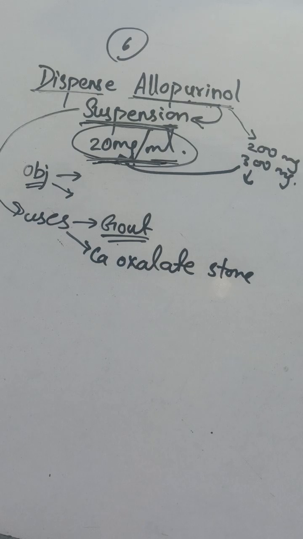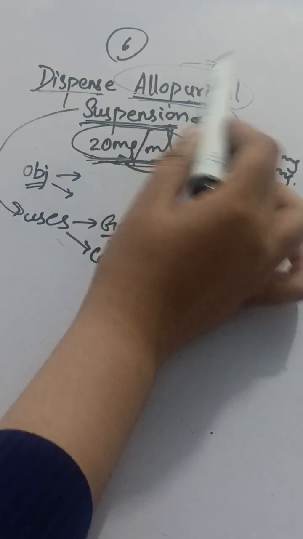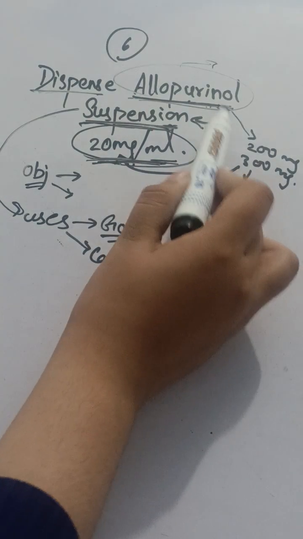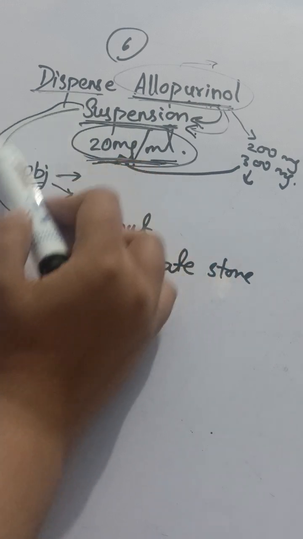And stability, because we are dispensing it now. The expiry date of the tablets made by the industry is many years, like 2 and 3 years. But when we convert this tablet into a suspension form, its stability decreases.